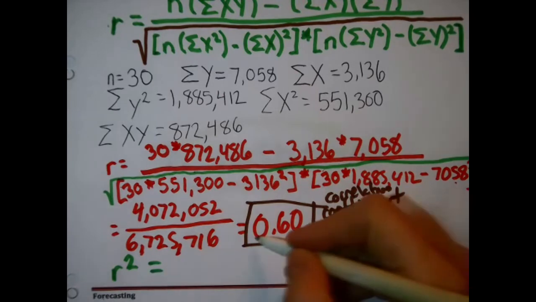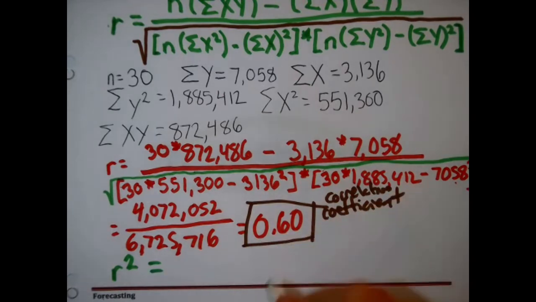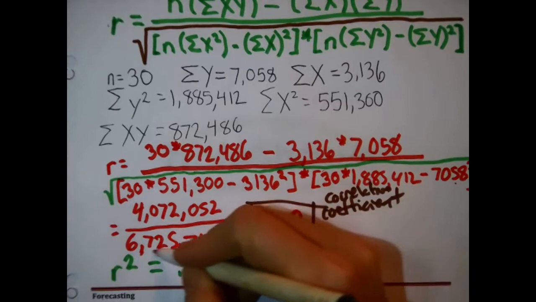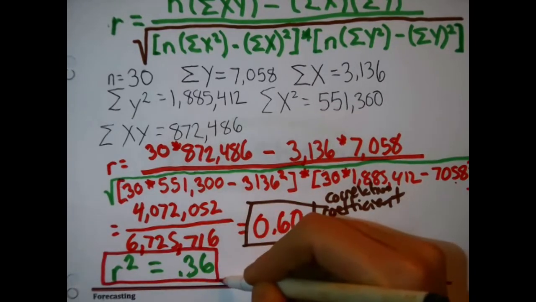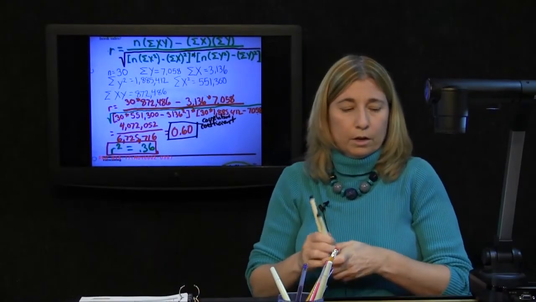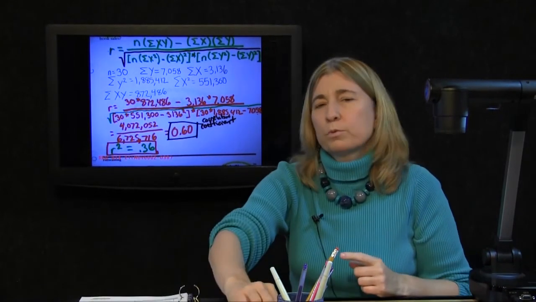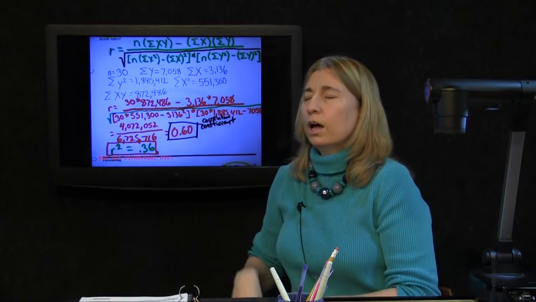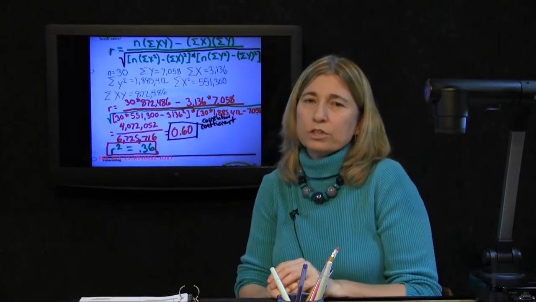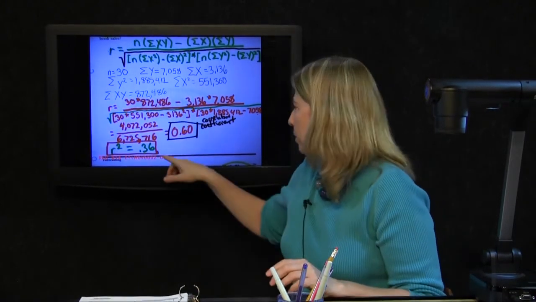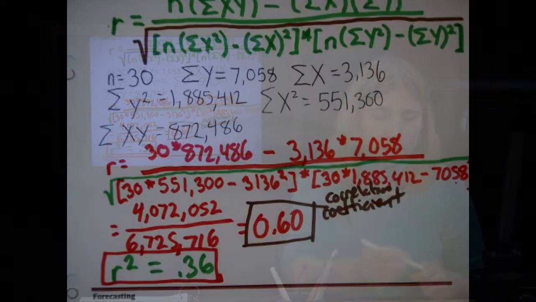For instance, if I put that right there in my calculator and squared it, I would get 0.36. That would be the coefficient of determination. You might have 0.0367. It depends, because of the square root and the dividing, on how many decimal places you chose to keep. Okay, that's the other half of this determination.